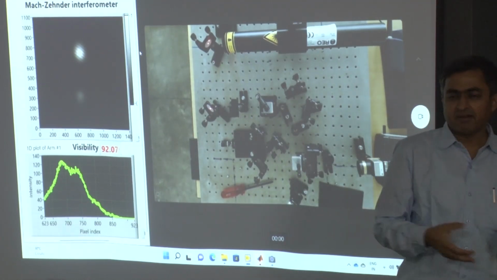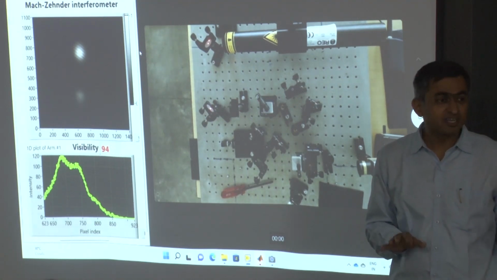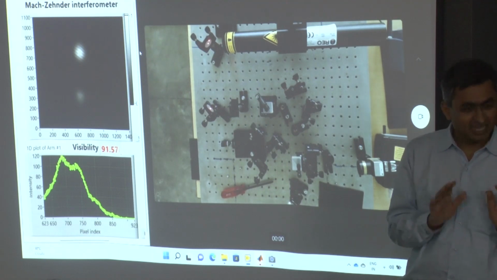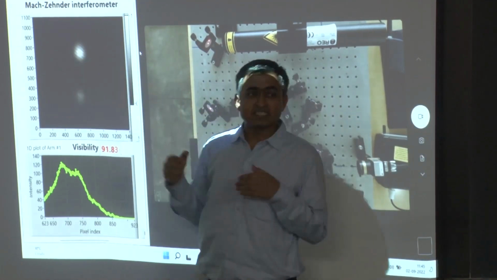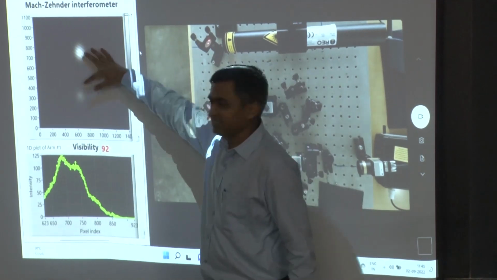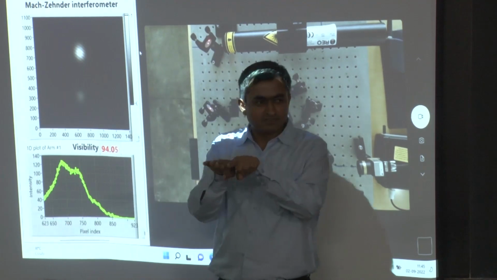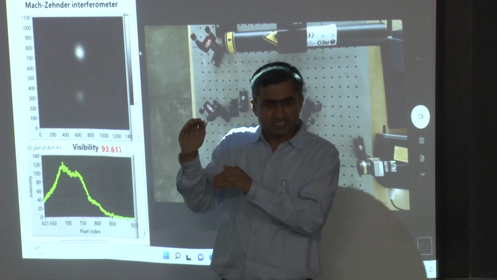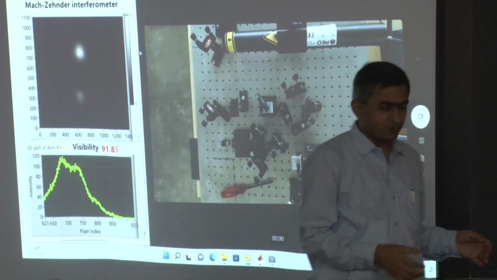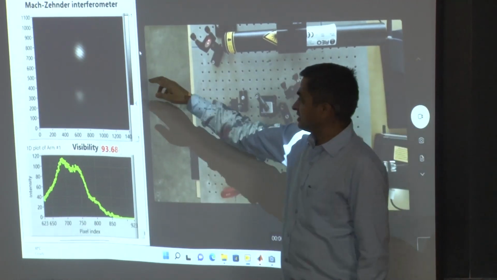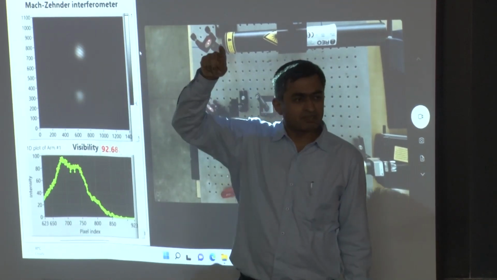Right now, with the setup that I have, I have no way of reducing the spatial coherence, but I have a way of reducing the temporal coherence. But let's see if it works. We will again bring the fringes here so it's easy to see, because fringe visibility we can't see directly here. You change the intensity as a function of tau, plot it, and only then can you see the visibility. If I actually did that, which I cannot here because I don't have the equipment, with the intensity of this one as a function of tau, I would see very high quality fringes.